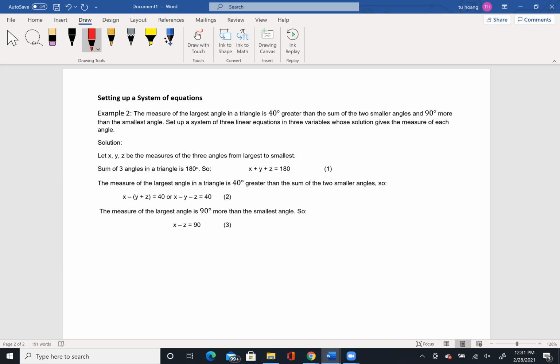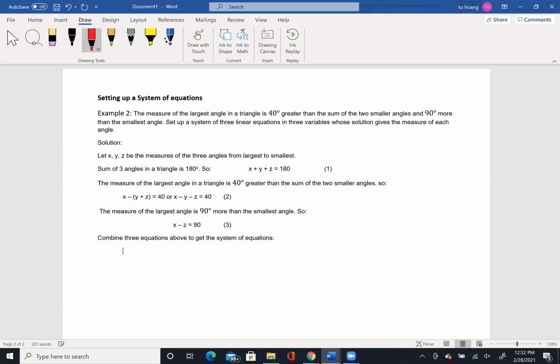And then I'm going to combine the three equations above to get a system of equations.